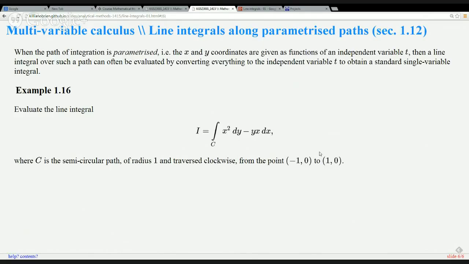We're going semicircular of radius 1, so we're hitting 1 there, but you're going clockwise. So this is the curve C. And we want to evaluate this integral, integrating along C of x squared dy minus yx dx.